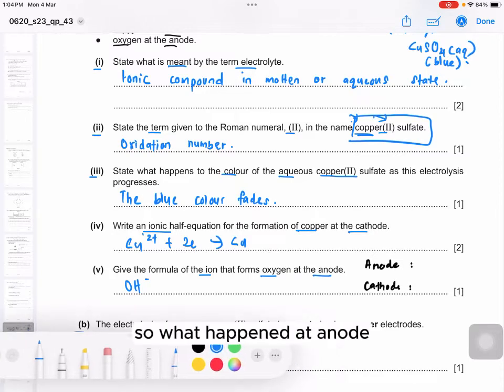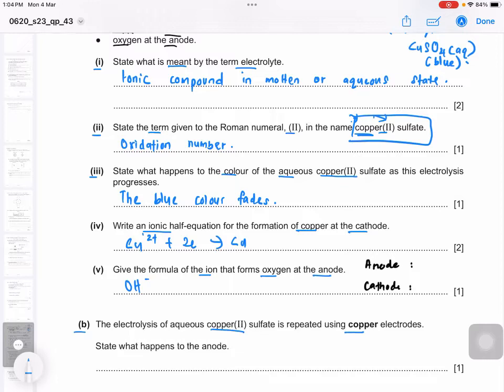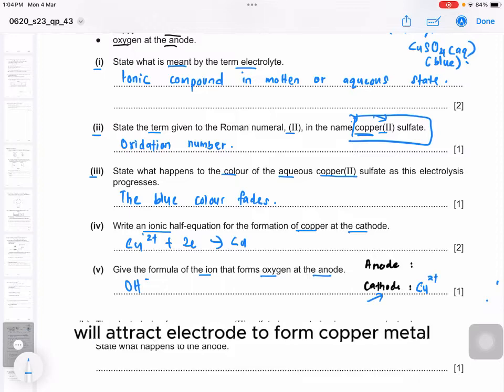So what happened at anode? Okay, let us look at cathode first. So what happened at cathode? Copper deposited. So copper ion from the solution will attract electron to form copper metal.